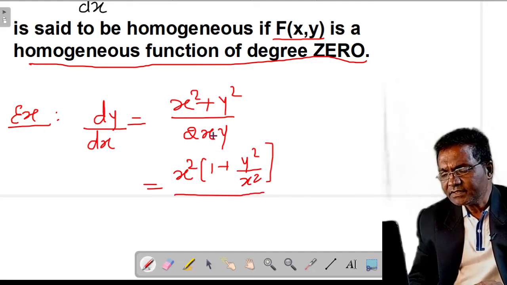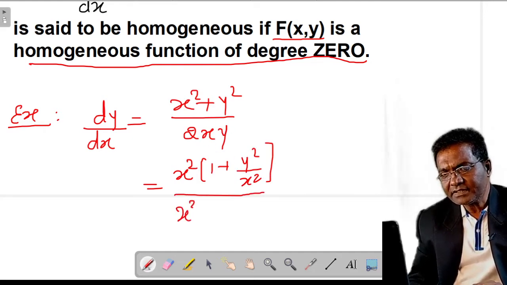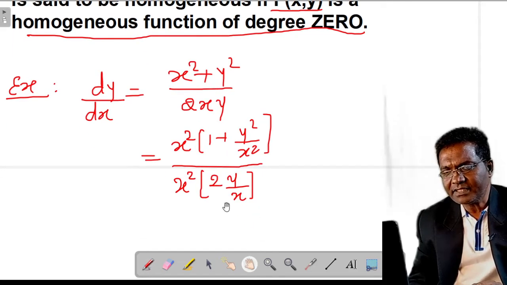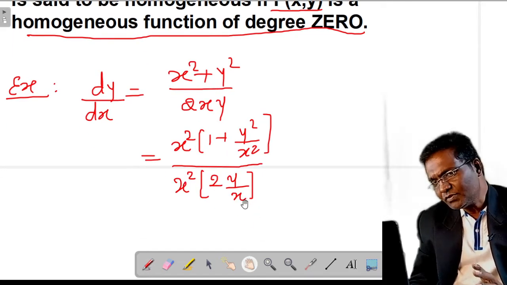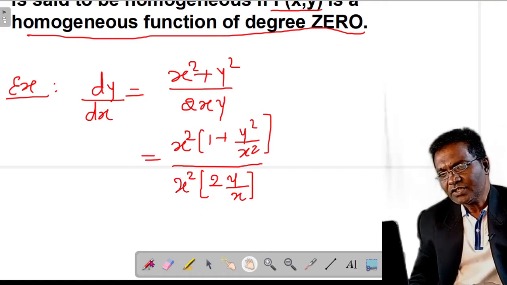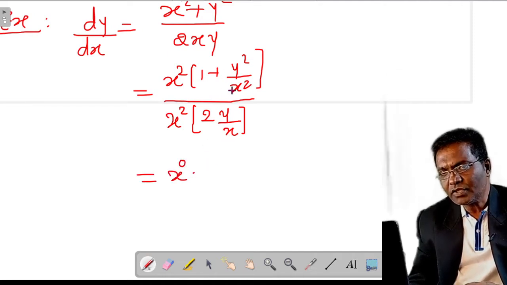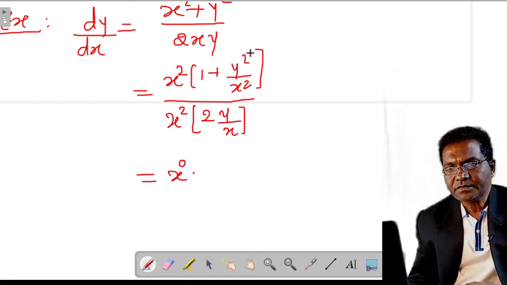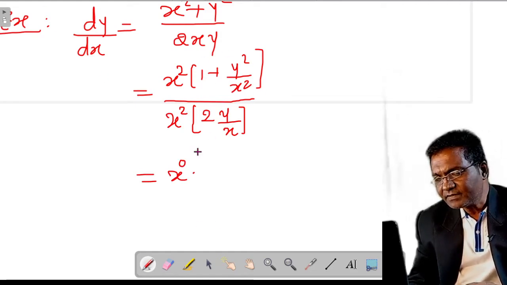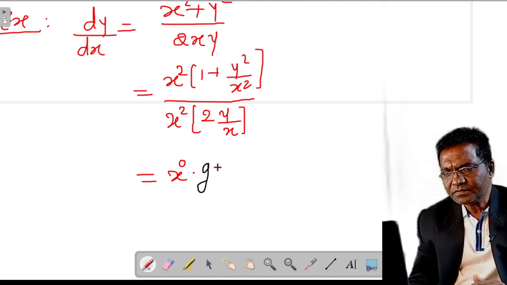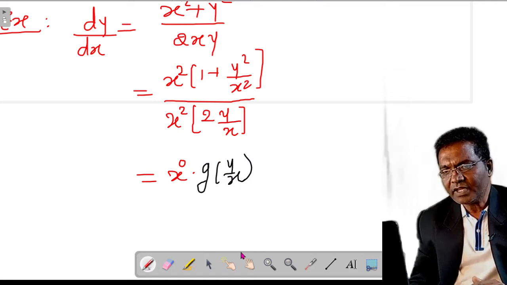Here the degree is 2. If I write the denominator like this, x square into 2y by x, okay, this can be written in this form. If you divide, x square cancels. So x power 0 is what you will get, and this full term I can write as g of y by x or f of y by x, whatever you like, g of y by x.